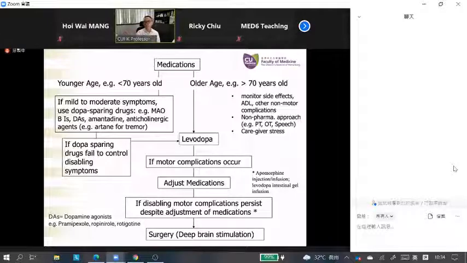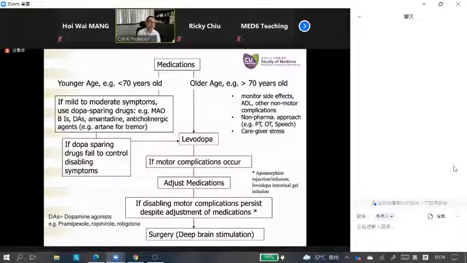Okay, but if the patient is already quite old, 70 years or older, then we will be less restrictive. We can use levodopa. The reason for this is if we use levodopa at a young age, at a high dose, it will easily induce drug-induced dyskinesia. But for older people, it's less a concern.